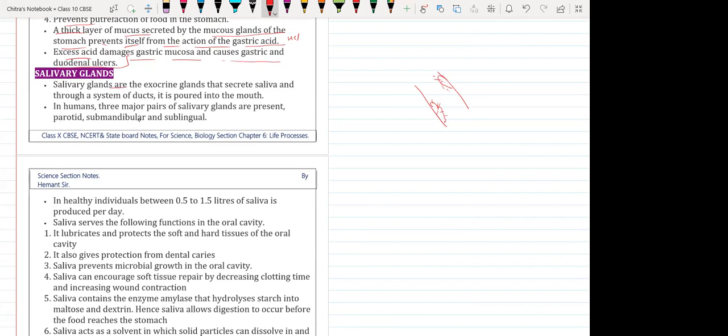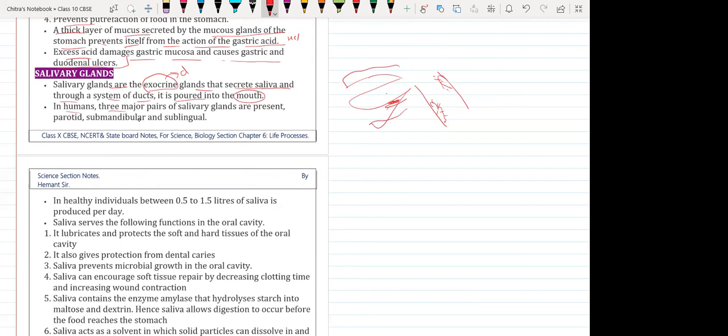The salivary gland is exocrine because it contains ducts to transport its secretion, the saliva, which is poured through the system of ducts into the mouth, beneath the tongue. Suppose here we have the tongue, and here we have the tooth structure. Beneath the tongue we have the salivary gland.